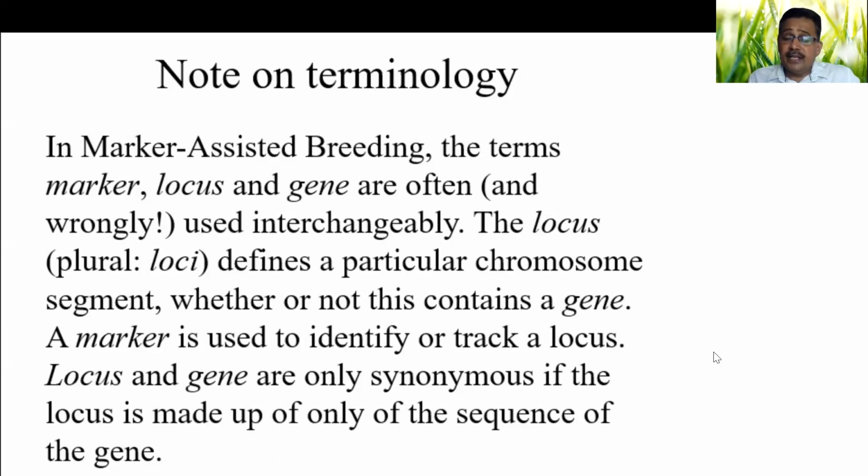But in a genetic linkage map, the markers are always flanking the gene, so they are near to the gene. Whenever a marker is tightly linked or very closely associated, you can use those markers to select the trait of interest. The marker is just a junk DNA sequence which is located on the chromosome.